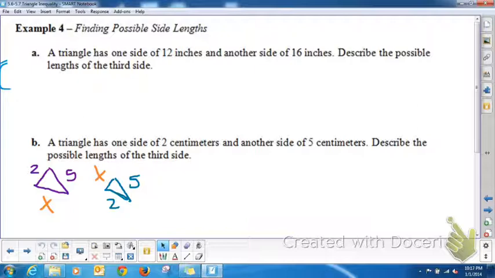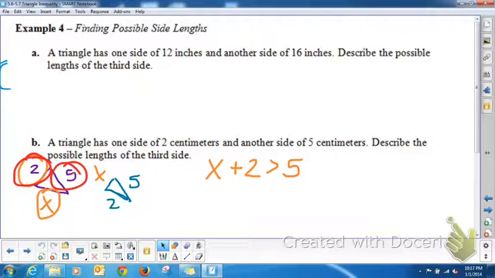So all three sides, when you add any two together, they have to be greater than the third. That's the rule. So we know that when we add x plus 2, they have to be greater than 5. We also know that when we add 2 plus 5, it has to be greater than x.